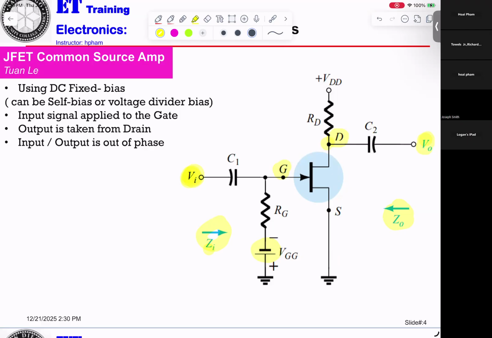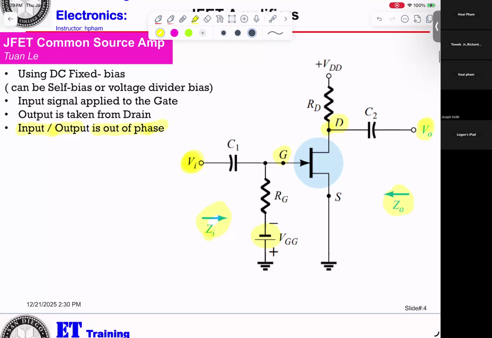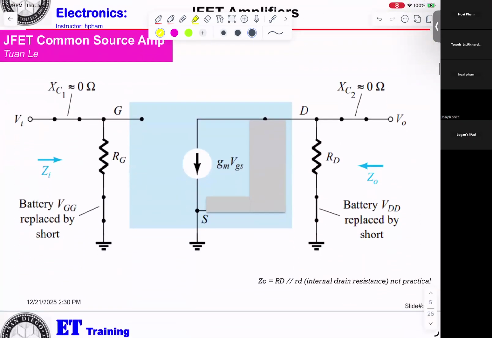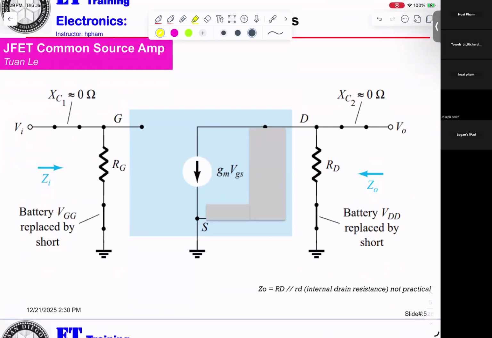Input and output are out of phase. This is the same as common emitter in the bipolar. Now they draw the complete AC circuit. This is the VI.